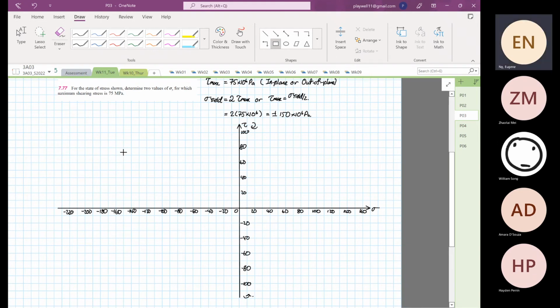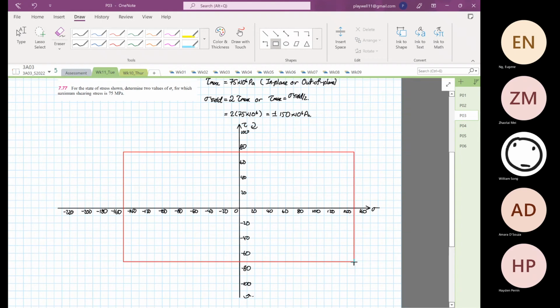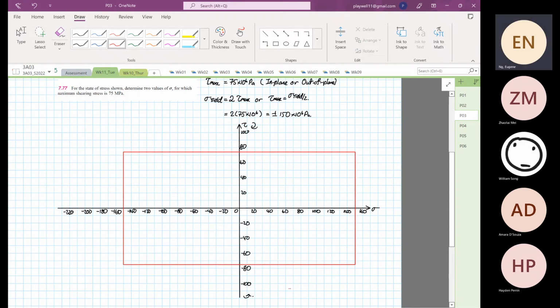So this is about 75 and 150. Our 3D Mohr circle cannot exit this red box. If it does, the solution is wrong.